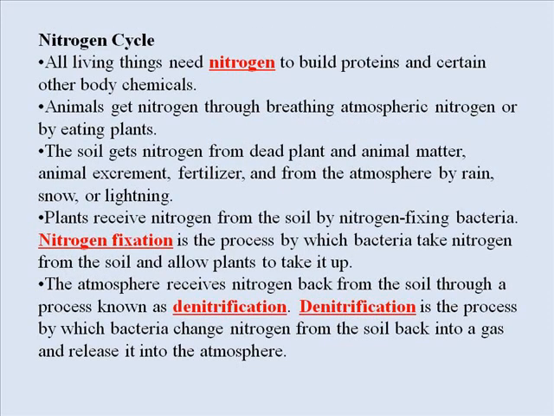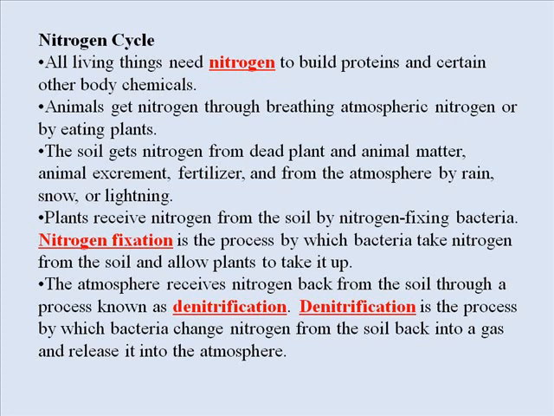Nitrogen is another nutrient that we must have. All living things need nitrogen to build protein and other body chemicals. Now, animals can get nitrogen in one of two ways. We can breathe in the air, which is 78% nitrogen, or we can get nitrogen from eating plants.